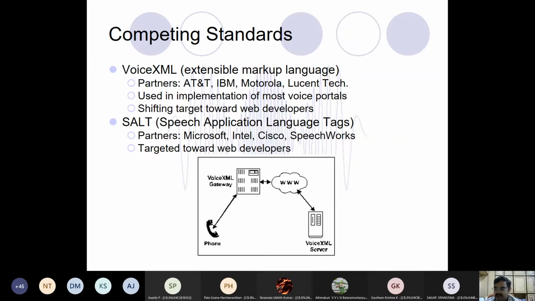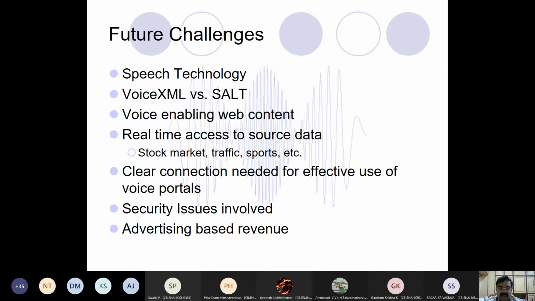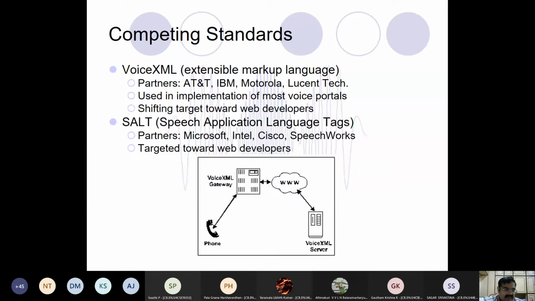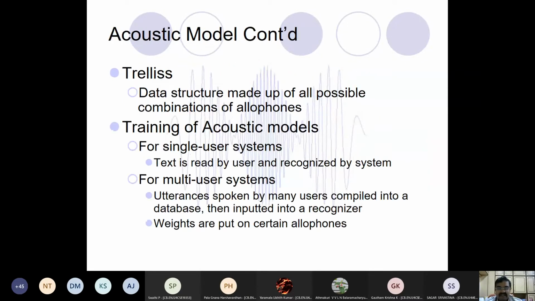They have to talk to each other and become interoperable. So these are the major challenges in speech technology: two different standards, all the pronunciations, all the different meanings of words, all the different accents. In other words, making a trellis is very complicated, and that is a major challenge.